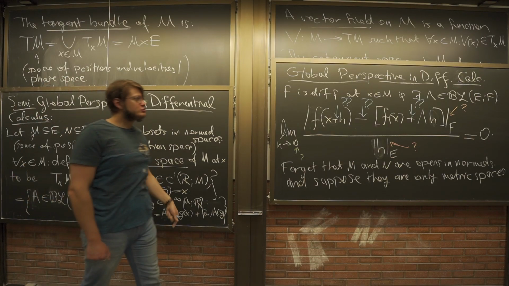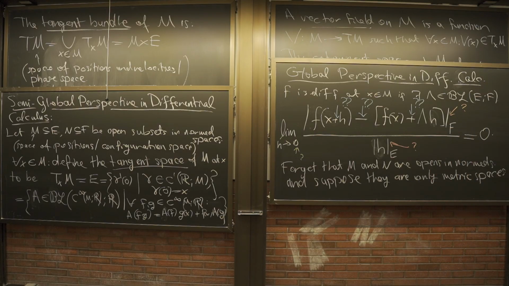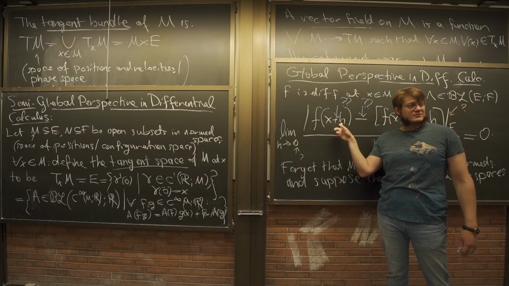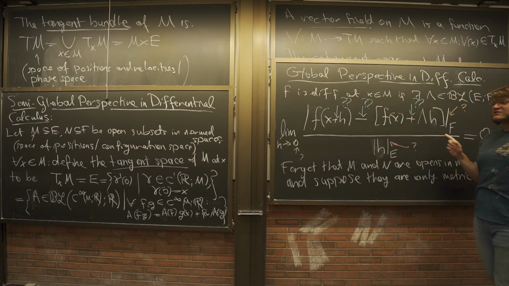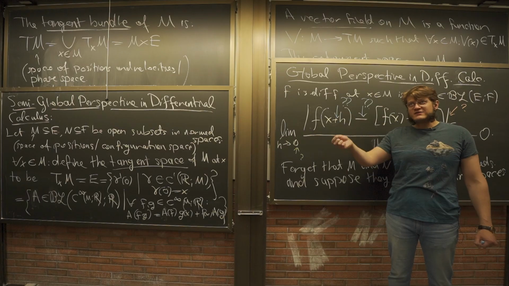But still, I want to make sense of this plus and minus. The redeeming point here is that you don't need plus and minus in this expression, vector addition and subtraction, to make sense for any h whatsoever. You need it to make sense for small h. So a manifold is nothing but a metric space such that for nearby points, there is an addition and subtraction.